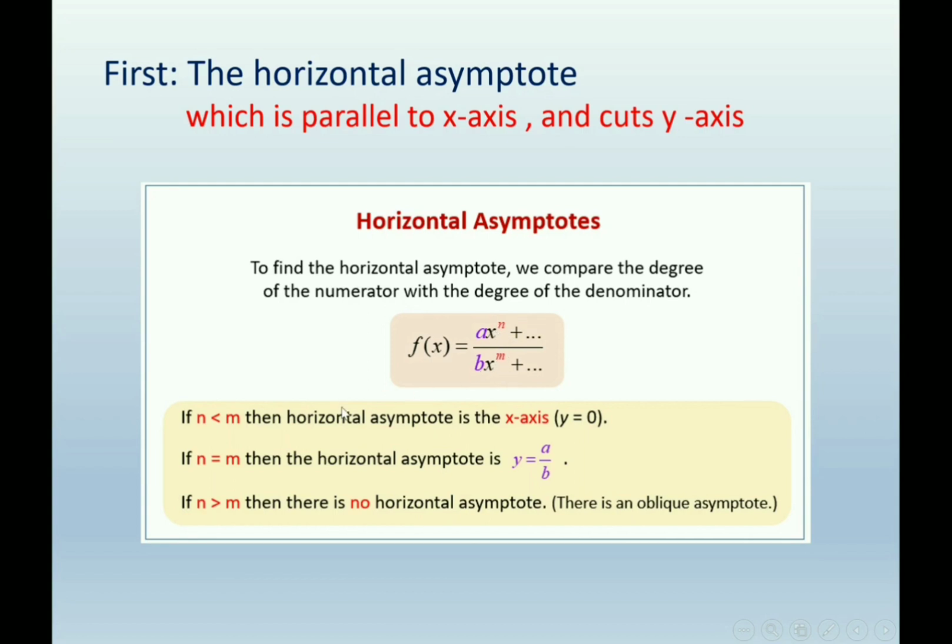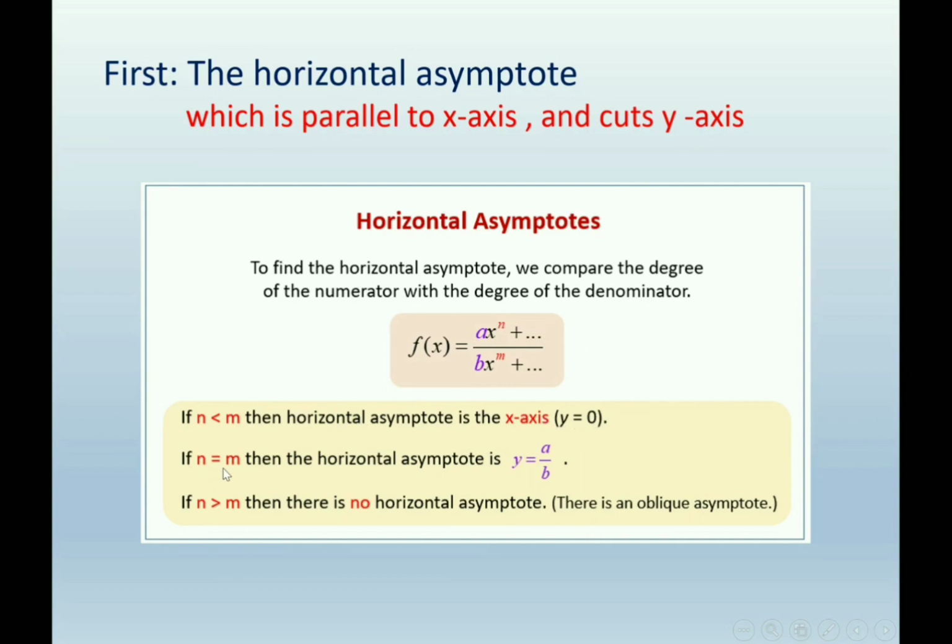Compare between them. If n is smaller than m, then the horizontal asymptote is going to be the x-axis, whose equation is y equals 0.